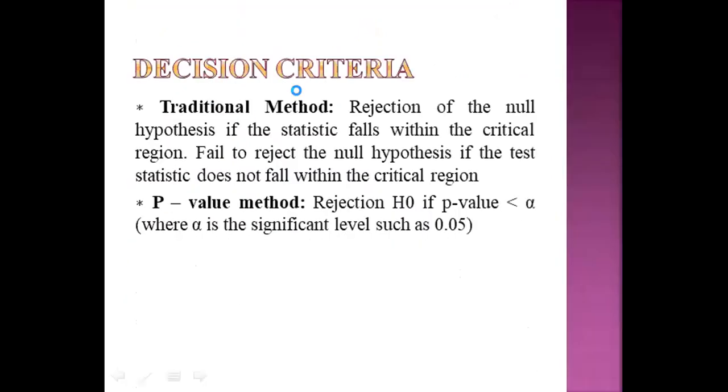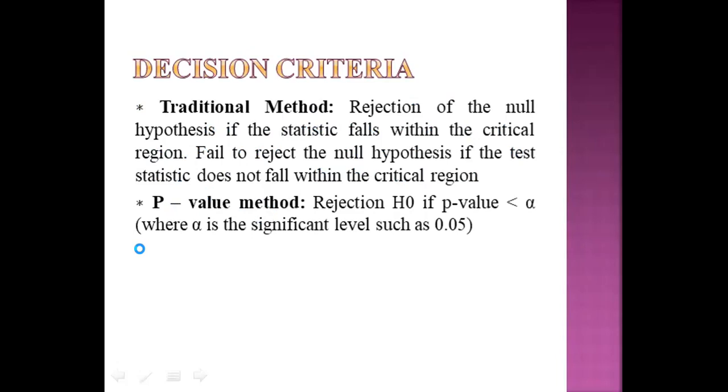Now the decision criteria. It can be done by two methods: the traditional method or the p-value method. In the traditional method, we reject the null hypothesis if the test statistic falls within the critical region or rejection region. Then we fail to reject the null hypothesis if the test statistic does not fall within the critical region.